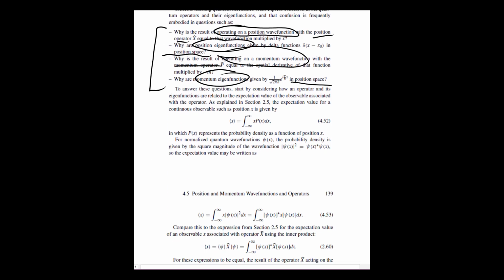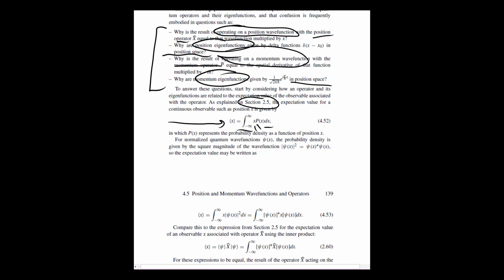A good way to start off is recalling from section 2.5 that the expectation value of a variable such as x, this is a continuous variable, is the integral of x multiplied by the probability density function p of x, integrated over all space. This is the continuous version of multiplying each possible outcome by the probability of that outcome and then summing those results.